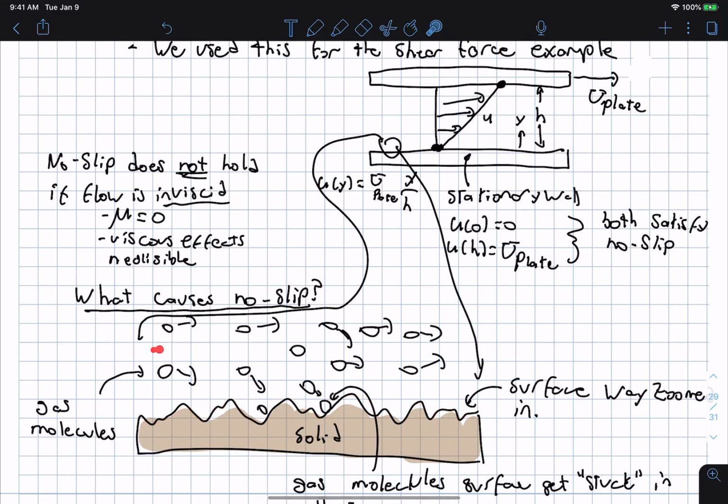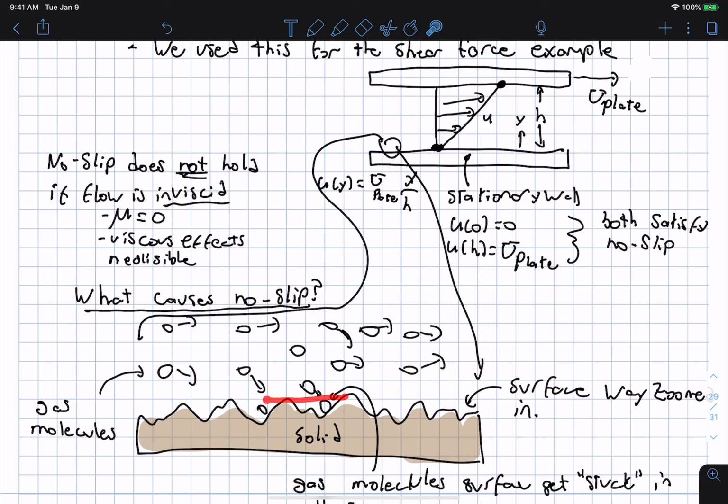And if you consider that there is air flowing over this, well, air is comprised of a bunch of gas molecules that are sort of moving with a bulk motion, but there are a bunch of little random collisions, and some of those collisions knock and push some of the other molecules into these little valleys, and these molecules that are in the valley sort of get stuck, and they sort of stay there, and they appear to be stuck to the wall.